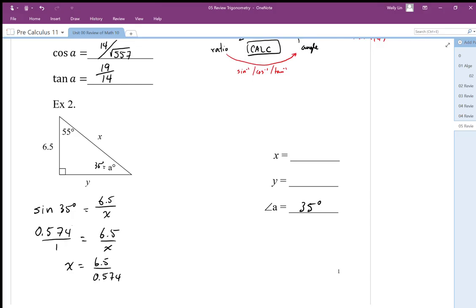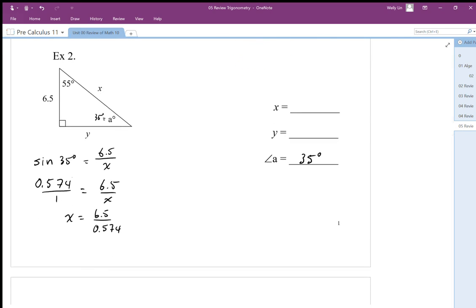So I go 6.5 divided by that number, I get 11.33. So x is equal to 11.33. And given the angle and these lengths, that's reasonable.